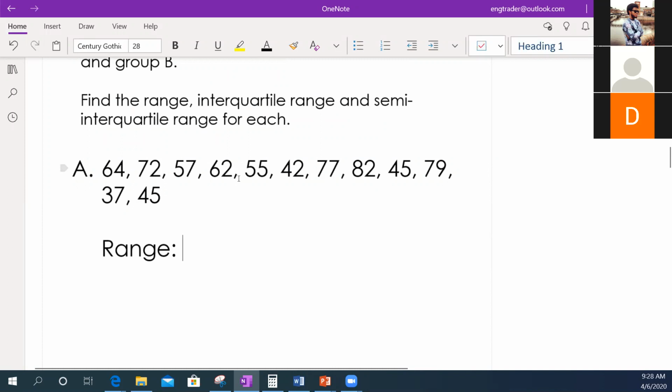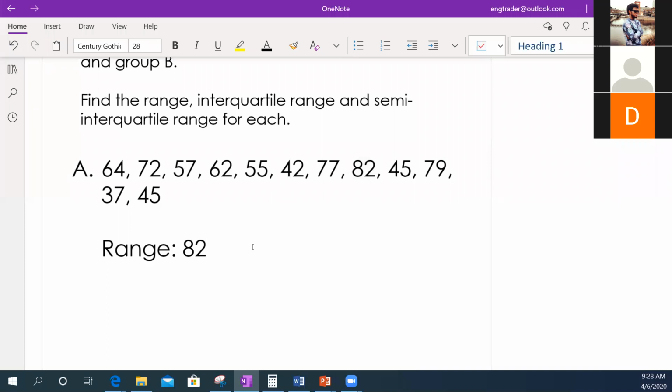You always have to be careful, because you might think 42 is the lowest, but when you keep going, you realize, wait, there's 37. Here I can see that the highest number is 82. I check again: you've got 70s, 60s, 50s, 40s, nothing higher than 82. So 82 is definitely the highest.